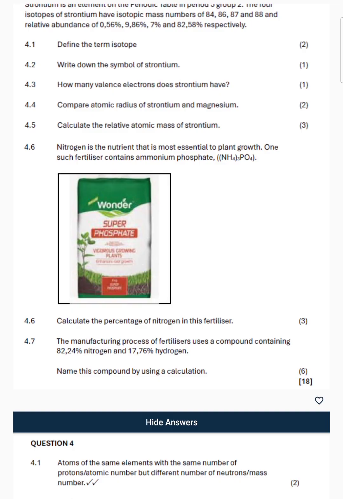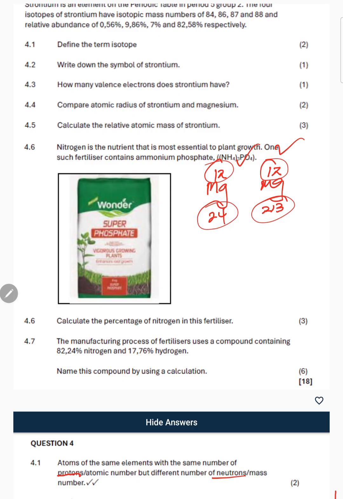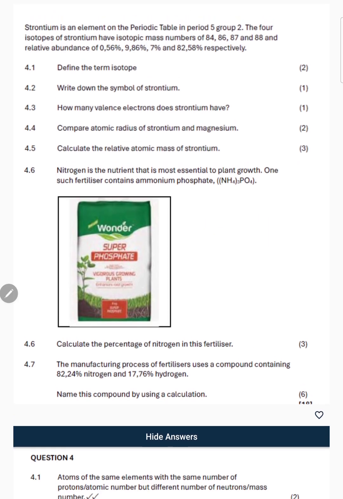Or you can say the same atomic number but a different mass number. For example, magnesium-24 and magnesium-23 have the same number of protons but a different number of neutrons. That's the meaning of an isotope.